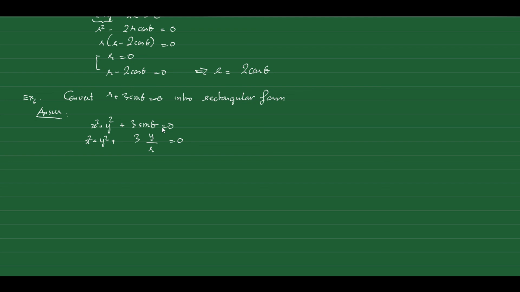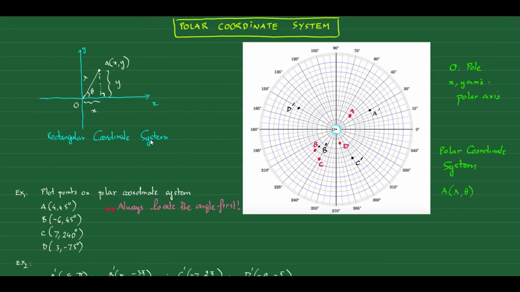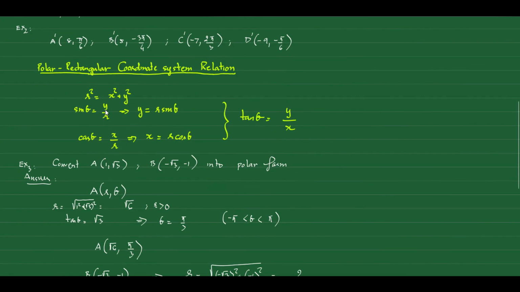Did we mess up something over here? Oh, I'm sorry. The relation is this: r squared equals x squared plus y squared.